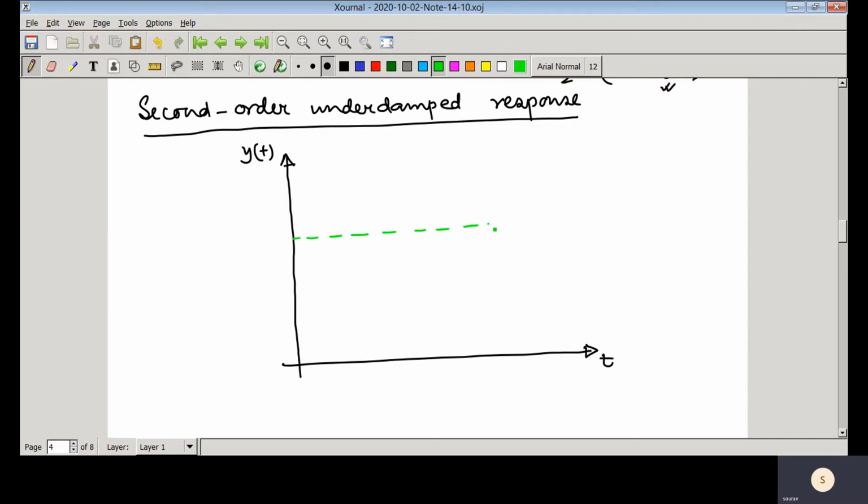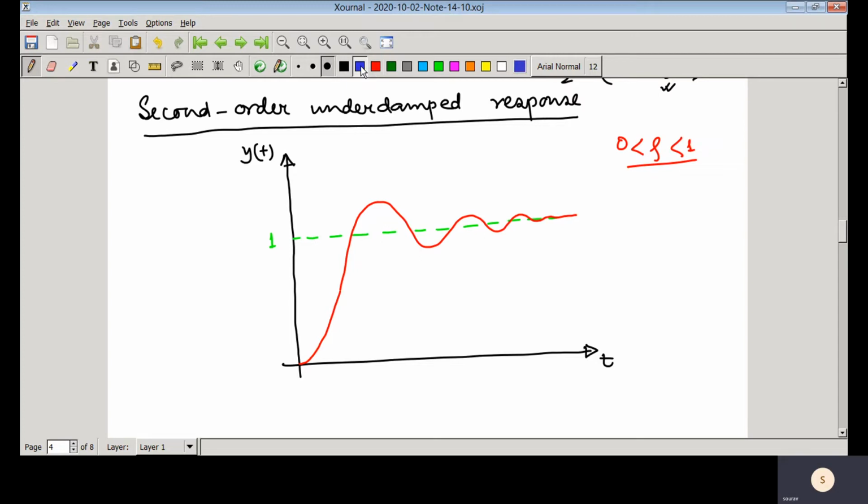So this is 1, this is 1, and we'll see that the response is like this. The response is like that, and this is where zeta is less than 1 and greater than 0. That means this is the underdamped situation.